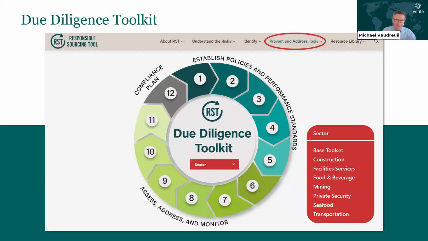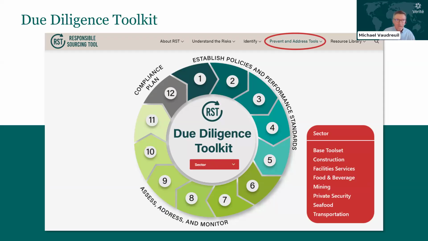The Prevent pillar contains the toolset we've created to help government procurement and companies that are either buying or selling products to understand what's needed and put together a supply chain due diligence system or program, or who simply need ways to implement programs that they've already put together.